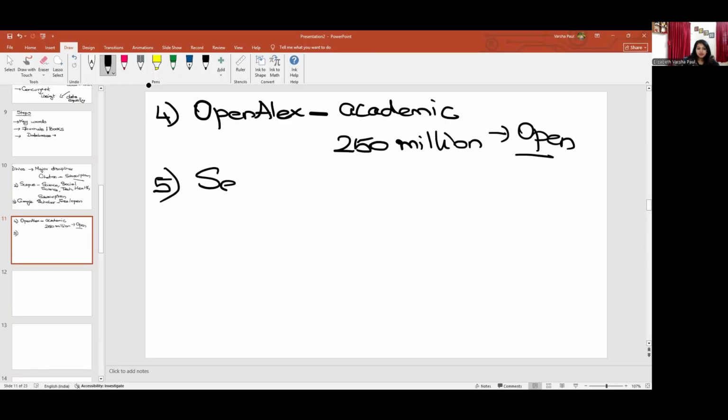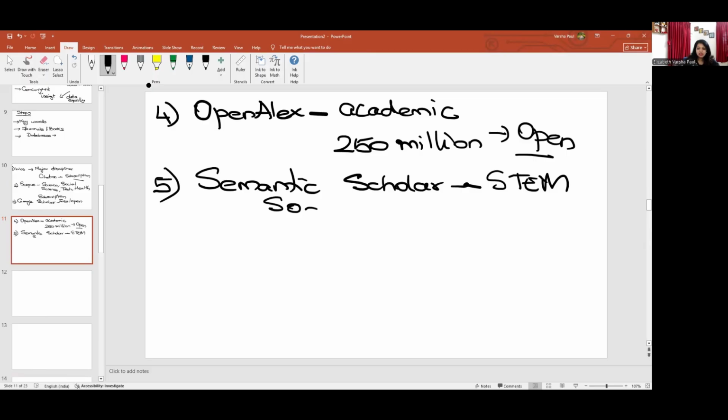The next one is Semantic Scholar. Basically, this is only for humanities, STEM, and social sciences. This is also free, and it's basically AI-driven search. So you can check on it. Key words that you highlight, accordingly you get results, and there's a citation context as well.